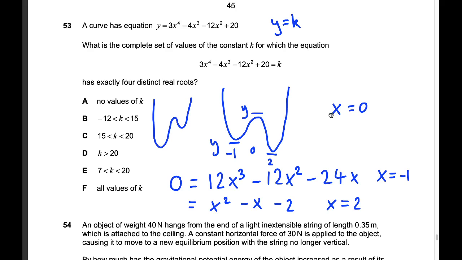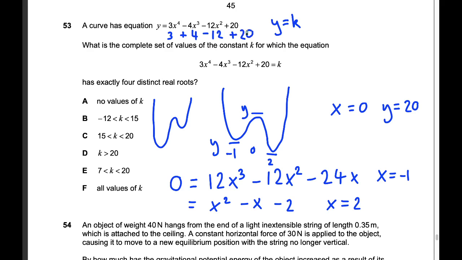So we're going to have to plug these in to find out what the y value is. So at x equals 0, that's the easy one, y equals 20. Okay, at x equals minus 1, so that's going to be 3 plus 4 minus 12, sorry, plus 20.